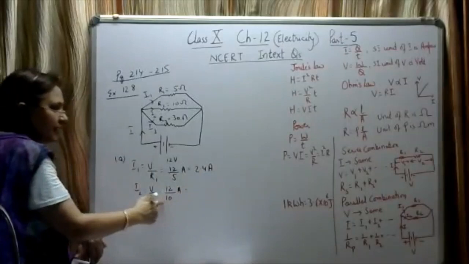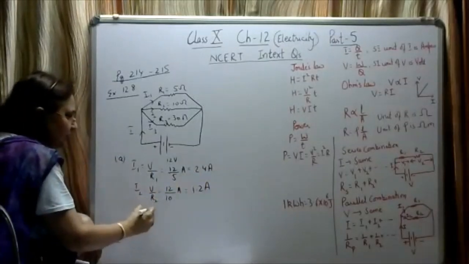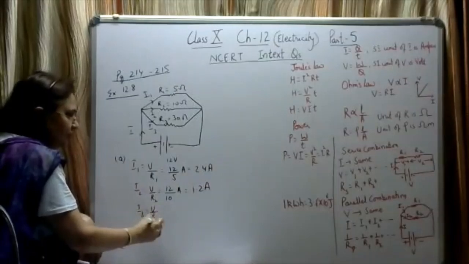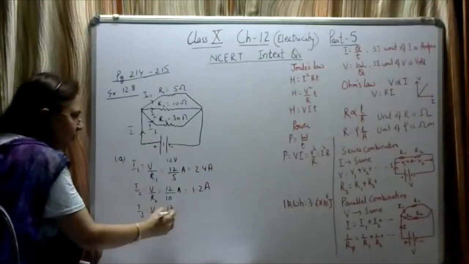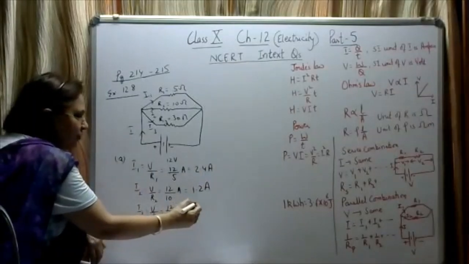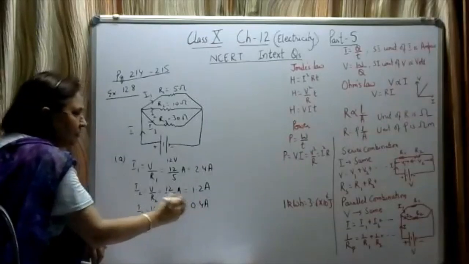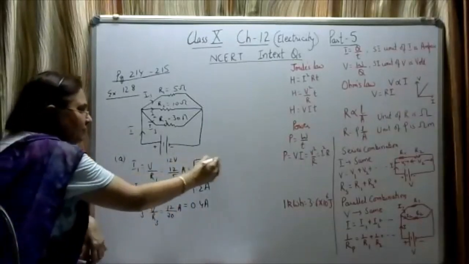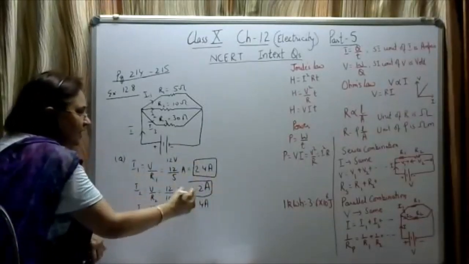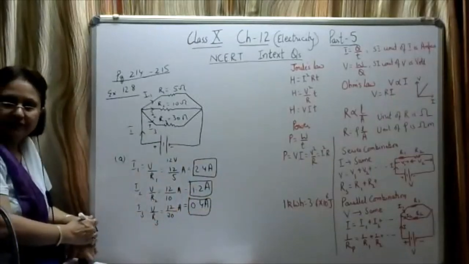So 12 upon 10 amperes, which can be written as 1.2 amperes. I3 is equal to V upon R3, that is 12 upon 30 amperes, which is equal to 0.4 amperes. So this is I1, this one is I2 and this one is I3. So the current through each of the branches we have calculated.